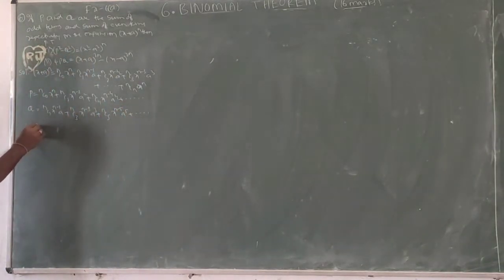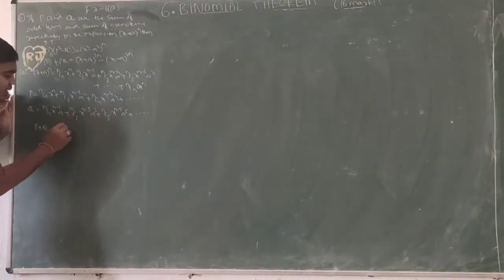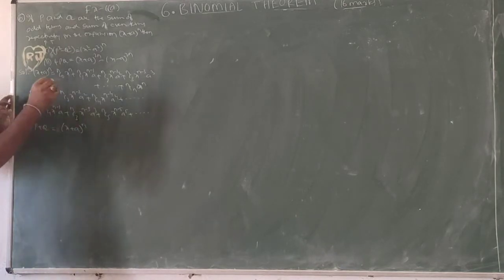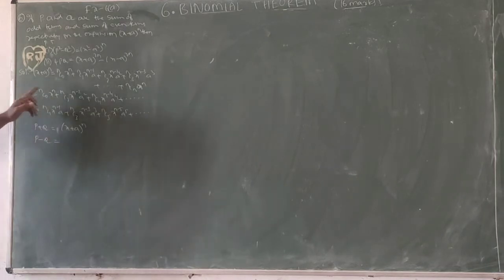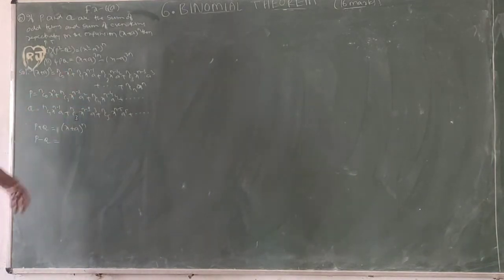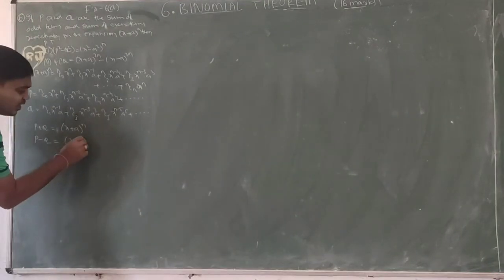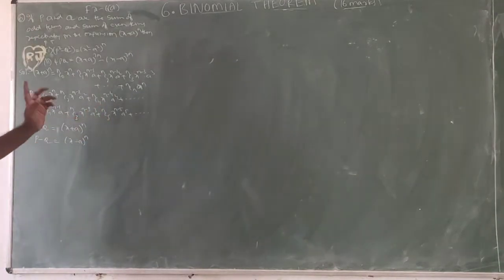Now p plus q equal to, adding all these, sum of odd and even terms, which is equal to (x plus a) whole power n. Next p minus q equal to alternate plus minus, so (x minus a) whole power n, and the same terms we will get with alternate plus and minus.